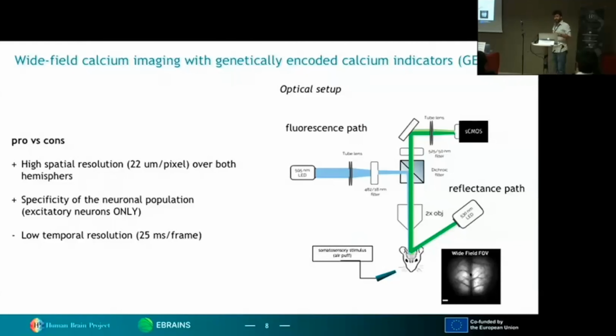But in this project, the events that we want to study range over hundreds of milliseconds. So we set the setup to have a sampling frequency of 40 Hertz that is more than sufficient to study the phenomena.